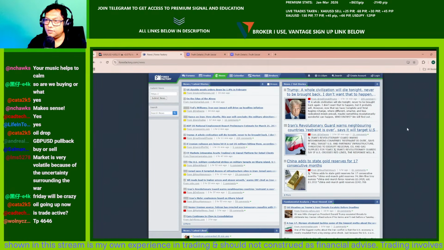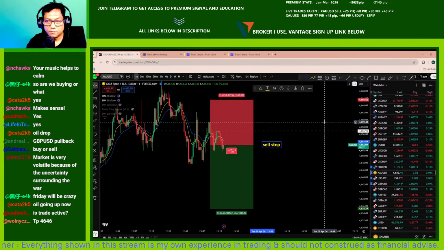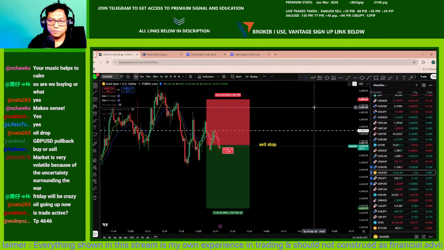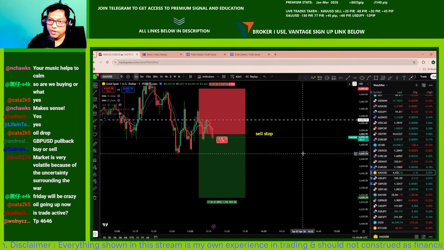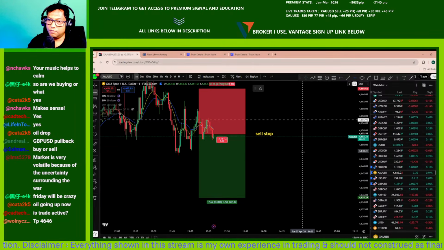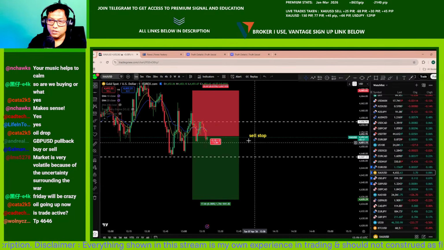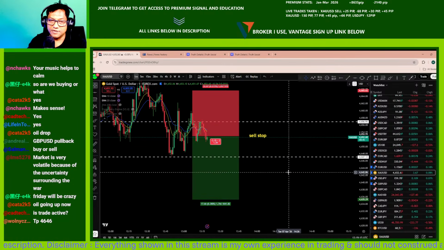Here is what we're looking at in that area. Okay, here is the support level, which is the key zone that we are looking at in this market to break down back below.